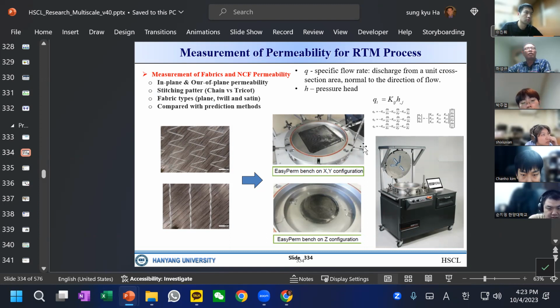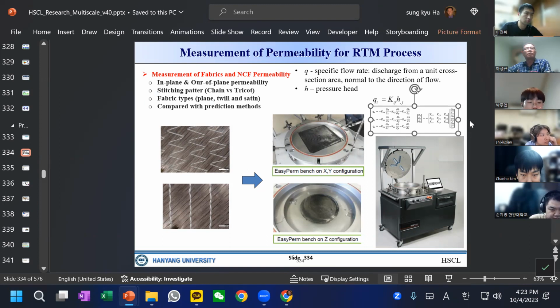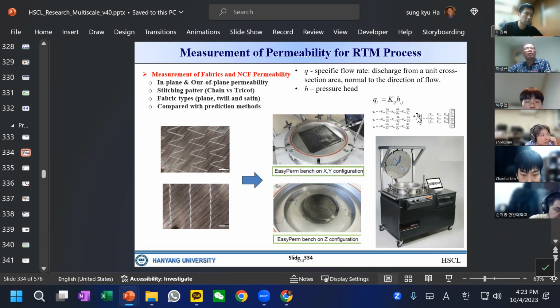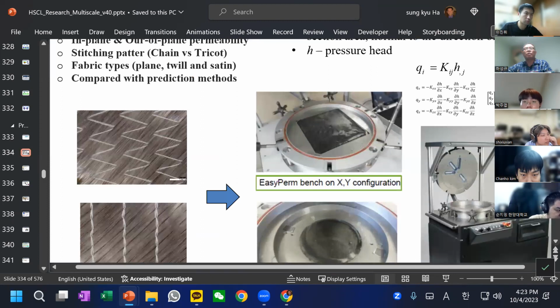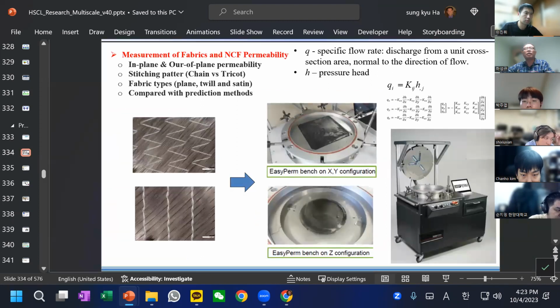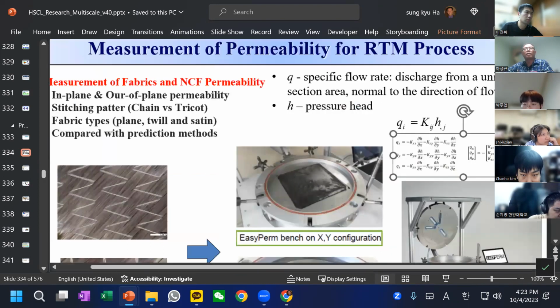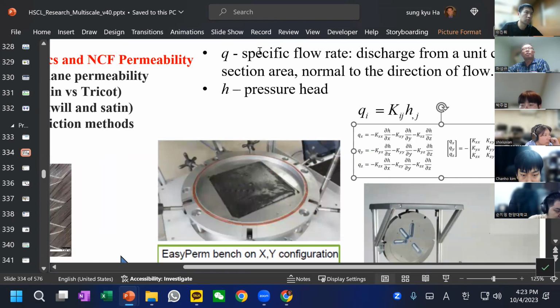So, there is a simplification. I'm not trying to complicate things with certain equations. Okay, I like to minimize the equations, but this is important to understand. Okay, so Q is the flow rate. Flow rate means that the resin will flow.